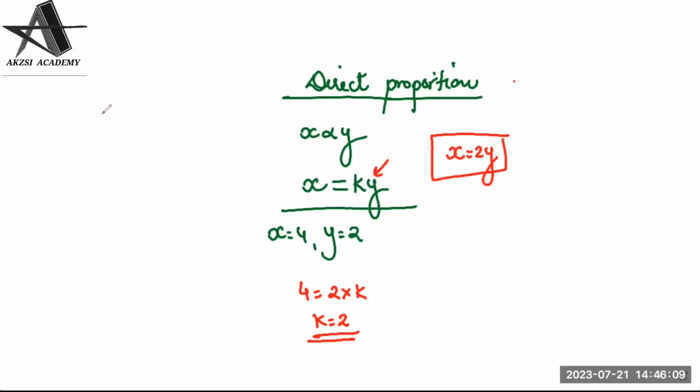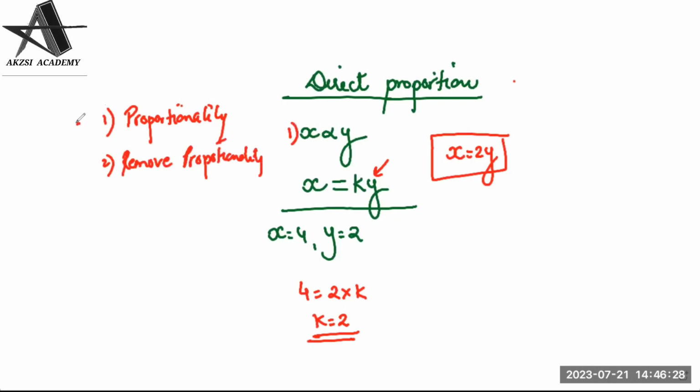So to solve a question, the first thing is we have to write the proportionality. Then second, we have to remove the proportionality and form the equation. So the first step is proportionality. The second step is remove proportionality and form the equation, which we did here.